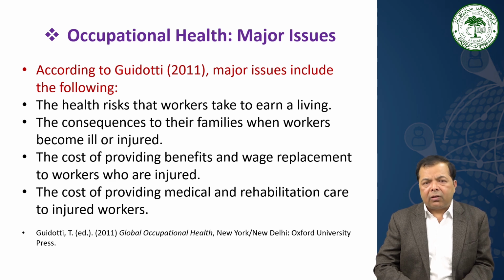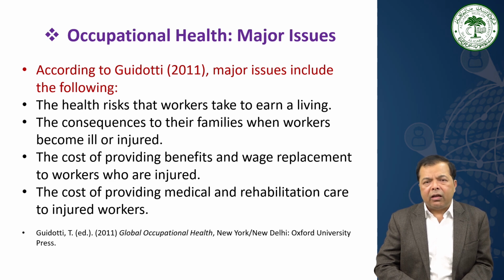That means, first, the work environment should be appropriate enough that there should not be any adverse impact. And if unfortunately, under certain circumstances, that is happening, then the organization where that is happening should take care of the medical needs of the person as well as the needs of the family or the dependent.